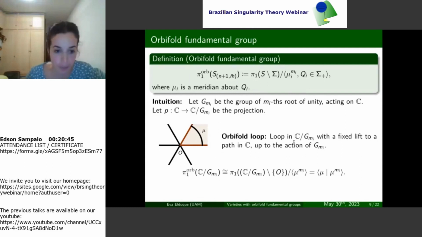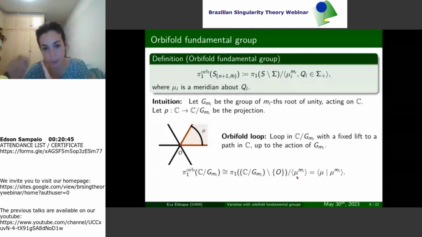And so here, the orbifold group of C mod this would be, well, you take out the origin. So same thing that you did here. You're thinking of the origin as a point of multiplicity 6. And then you mod out by a meridian around it to the mth power.